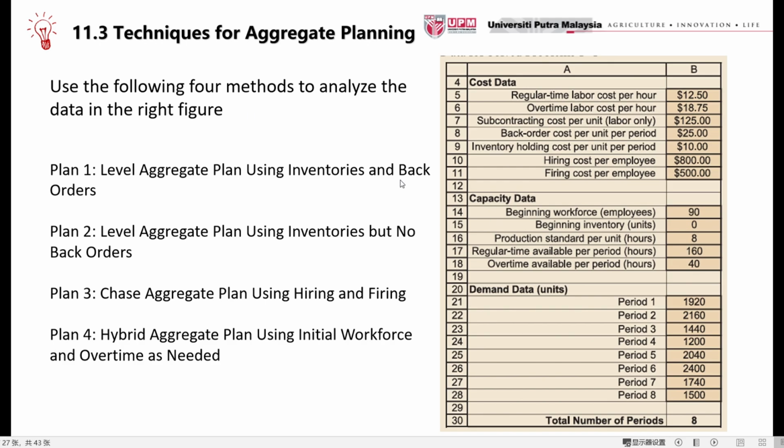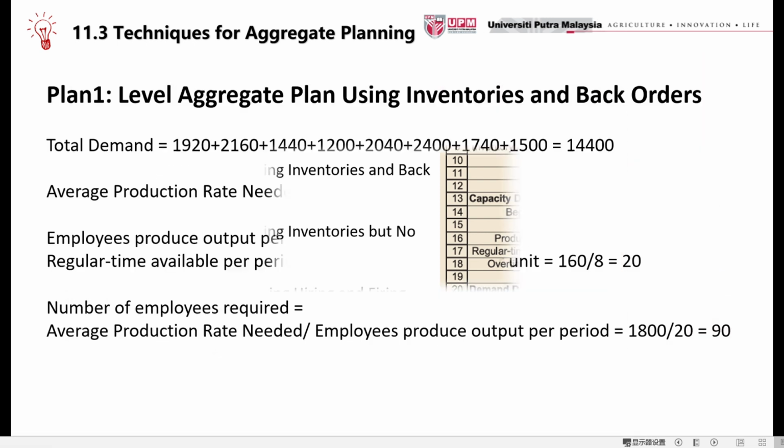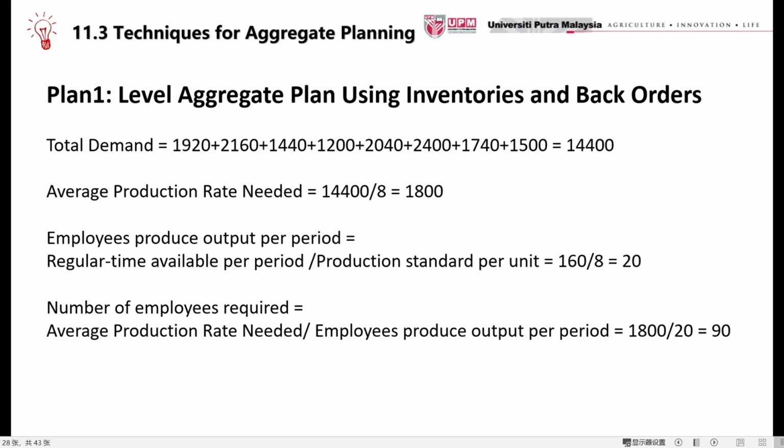So here we can try to use different strategies to analyze the company and give different plans to help us choose. Plan 1 is using level aggregate planning, and this plan will have back orders.